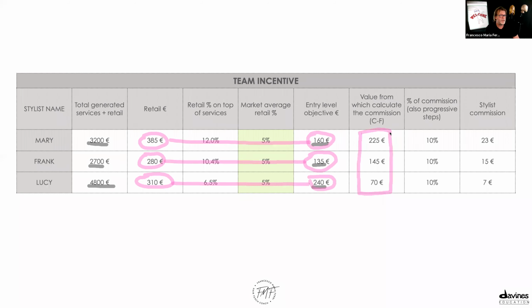So Mary is going to get, I can decide 10%, 15%, again this is up to you, 10% on top of the extra above the entry level. As Frank, as Lucy.